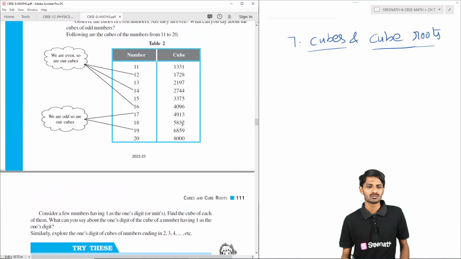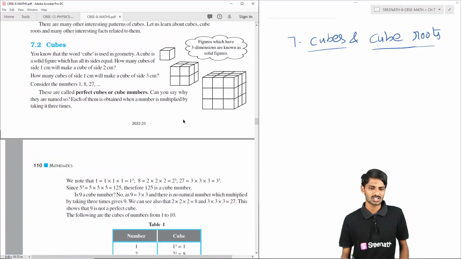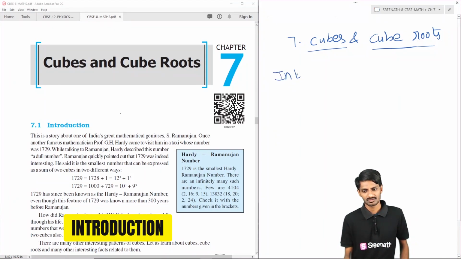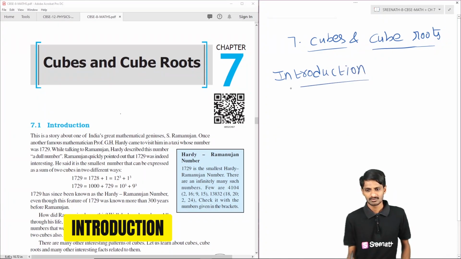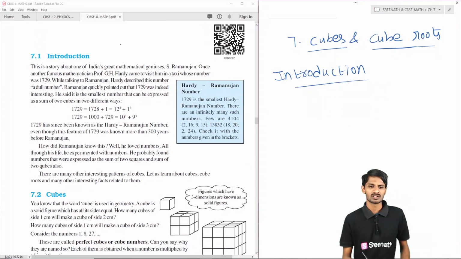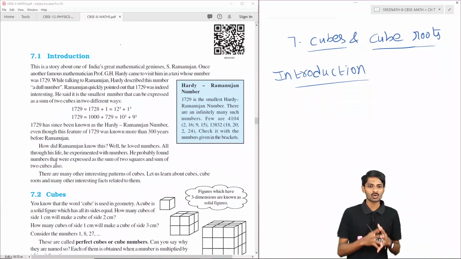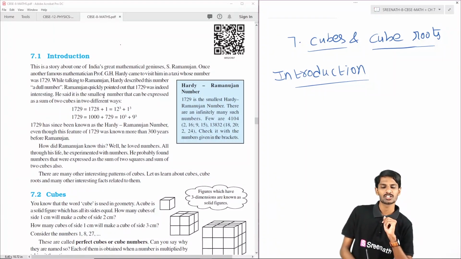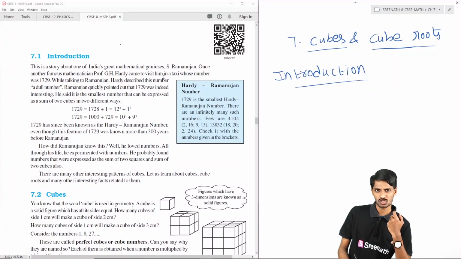So now we get back into this session, cubes and cube roots. First is the introduction. This is about a story. There is the greatest Indian mathematician, S. Ramanujan, students.